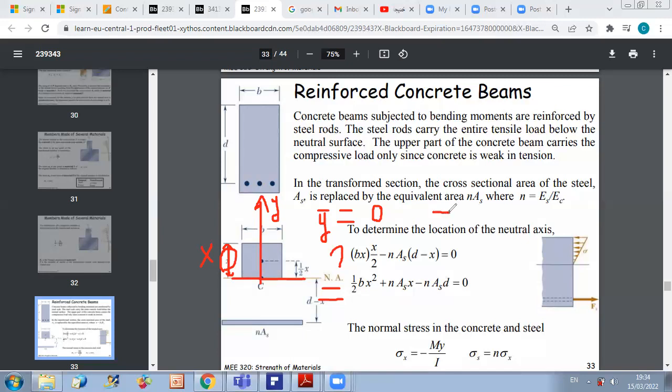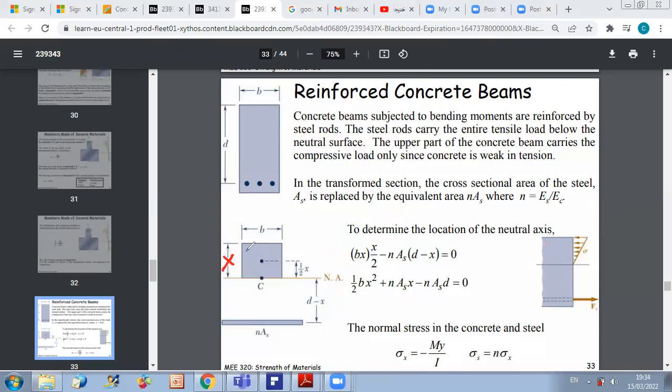I did use that for this section. I should have that sum of ai yi equal to 0 because I selected the origin of my y-axis on the neutral axis. This equation will allow you to calculate x, because if you take the following example here, x is unknown, I want to find it.